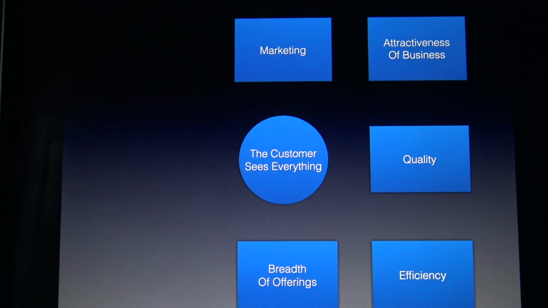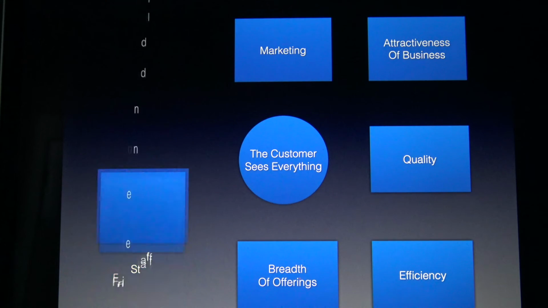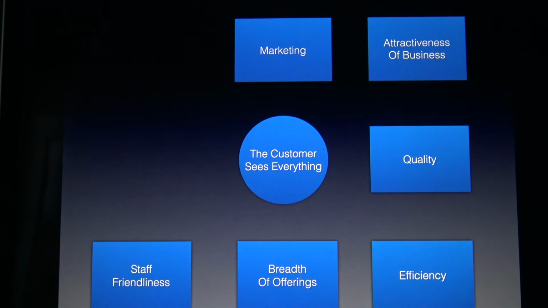The breadth of offerings. These days we expect people to be able to offer us choices in a large area and across many different brands and opportunities. Do they in fact meet your expectations for breadth of offerings? Staff friendliness. If you have direct interactions with staff, are they friendly?